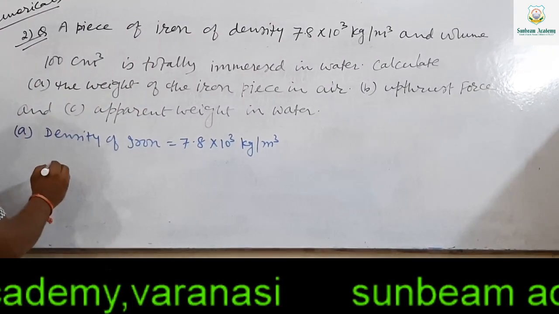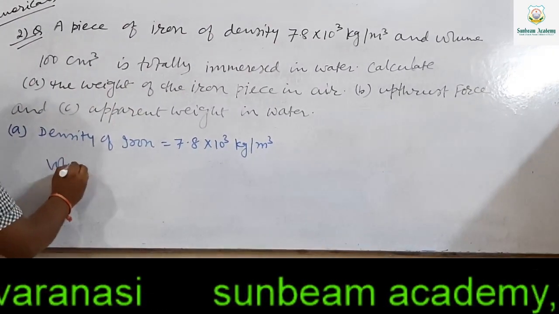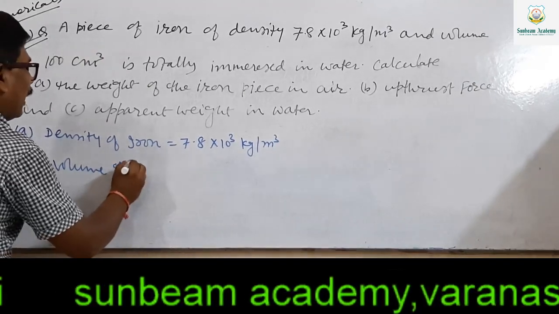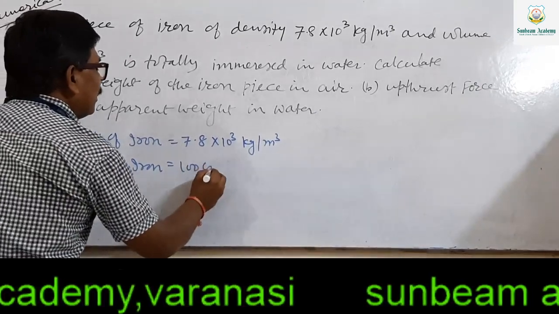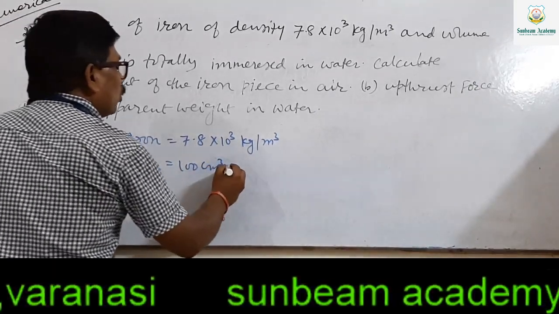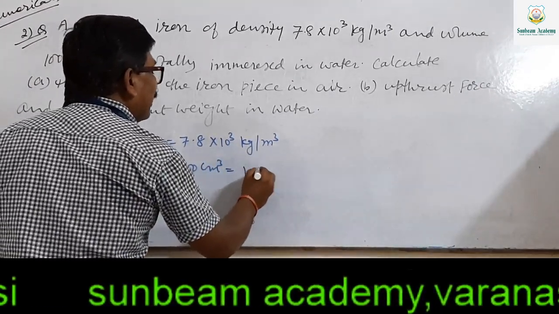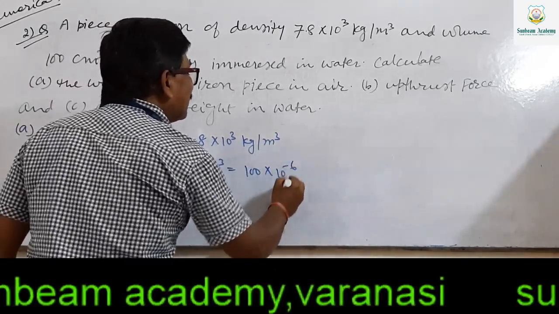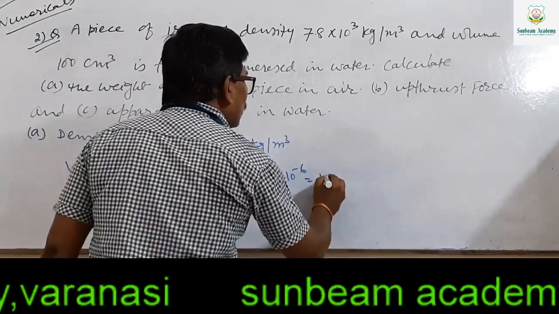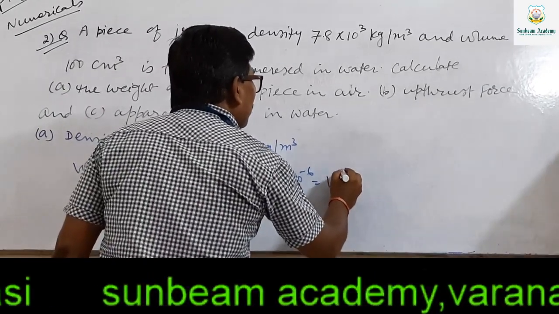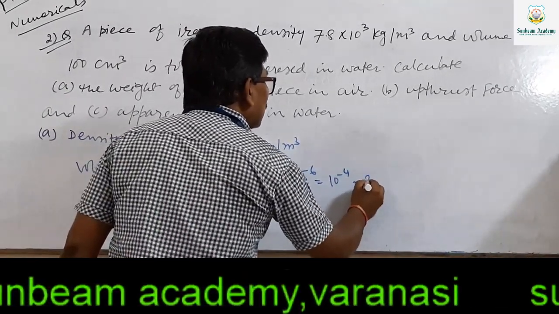Now volume of iron is given as 100 centimeter cube. To convert it into meter cube, 100 into 10 to the power minus 6. That will be equal to 10 to the power minus 4 meter cube.